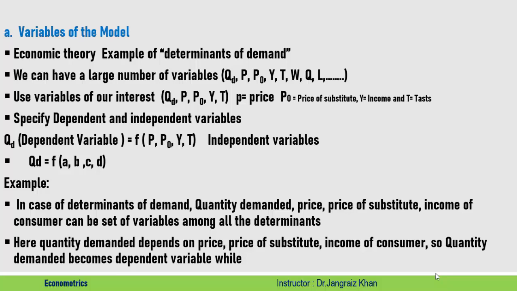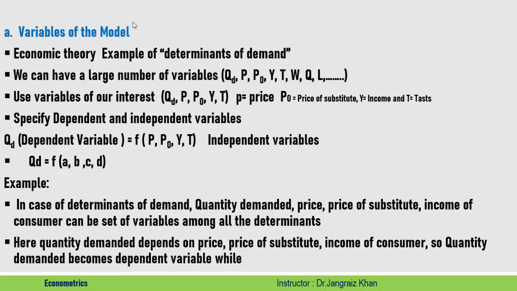The first step in the specification of the model is to specify the variables of the model. When a theory is presented, we specify the variables which can be included in the study. For example, if we want to find the determinants of demand of our product, then we have a large number of variables.